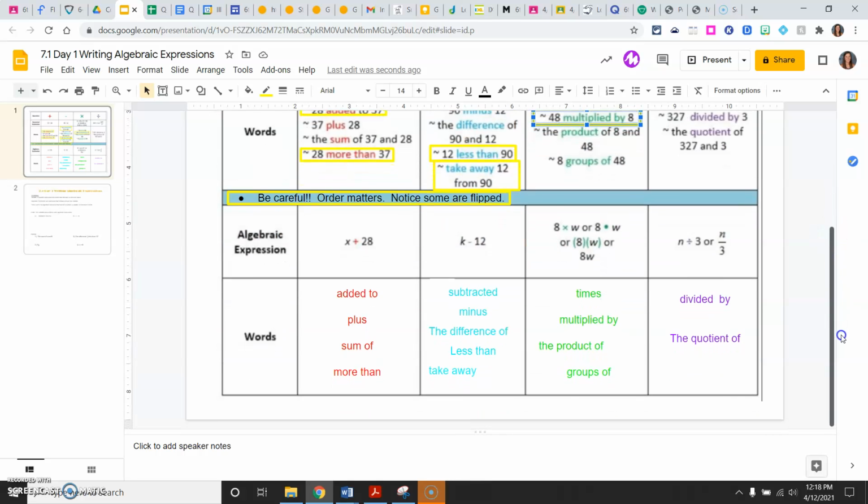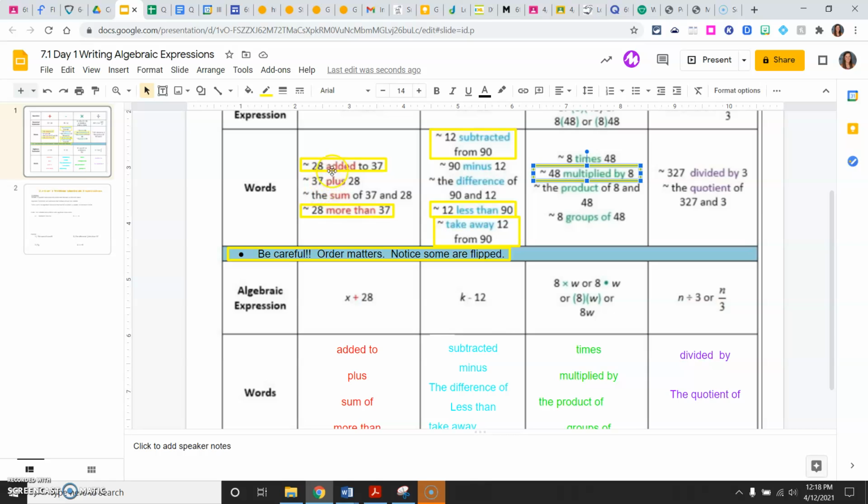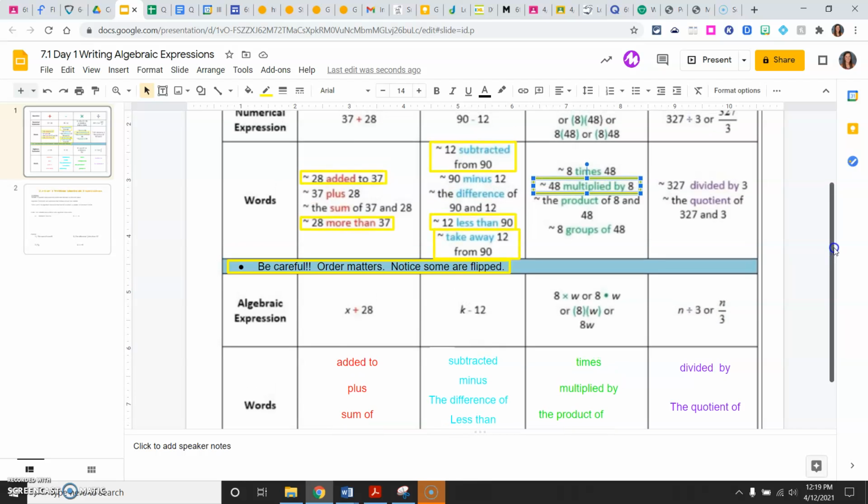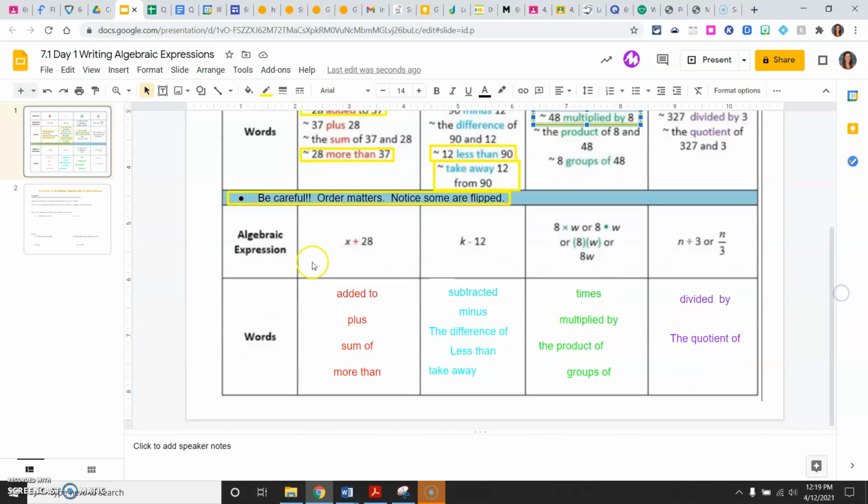Okay, so when we're working with algebra, we still want to pay attention to added to, more than, subtracted from, less than, take away, and multiplied by, because those are flip-flop words, so those are going to be the hardest ones. We have to be ready for those. What we're going to do is take the algebraic expression that it gave us and write it in words. Here they have x plus 28, and if needed, I would look up at my other example to help me.